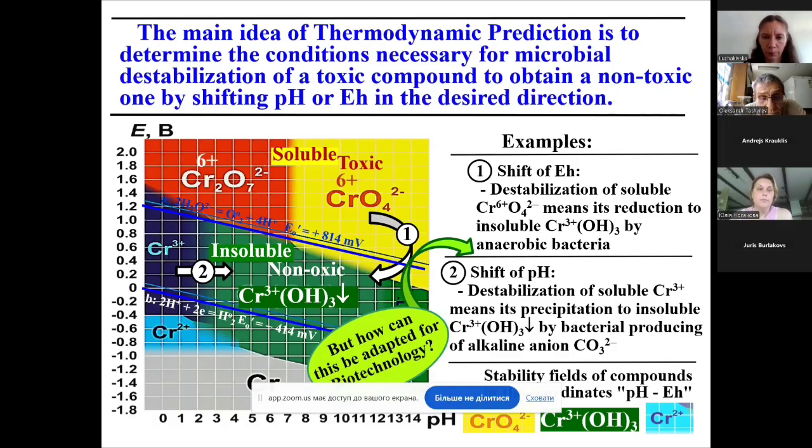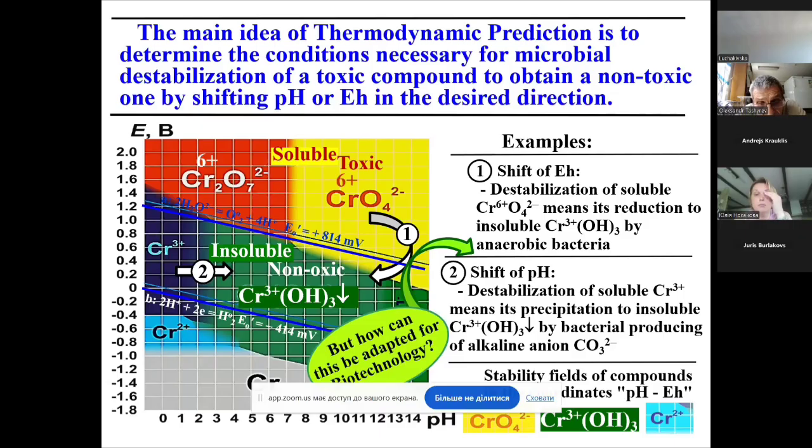And the main idea of the practical application of thermodynamic prognosis is, first of all, qualitative and quantitative evaluation of the zones of stability of each compound, and then deciding what we shall do to destabilize these compounds. On the example of chromium, it is obvious that chemical or, for example, microbiological reduction of chromium 6 compounds leads to forming insoluble chromium 3 hydroxide.